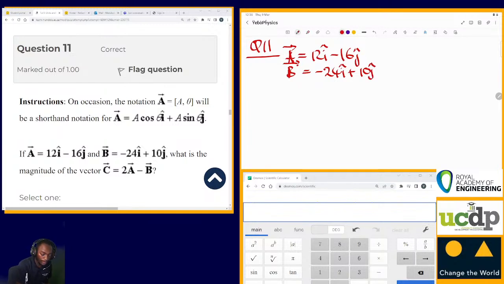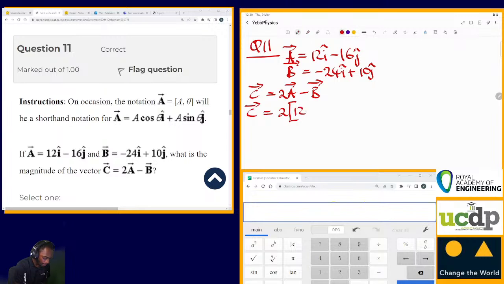And our question is looking for the magnitude of vector C, which is equal to 2A minus B. So to do that, what we need is to multiply vector A by 2.